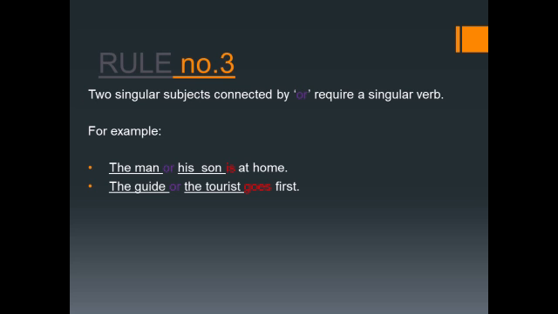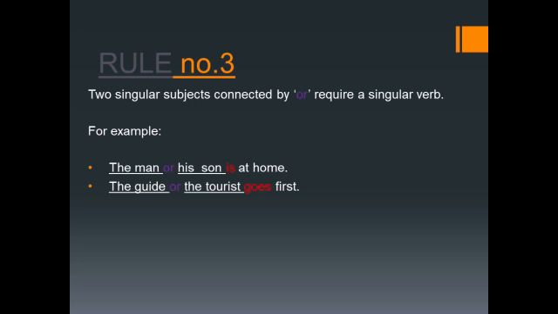Rule number 3 says two singular subjects connected by or require a singular verb. For example, the man or his son is at home. Here the singular subjects are man and son, so we require a singular verb, is, in the sentence.